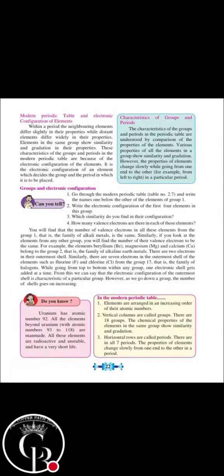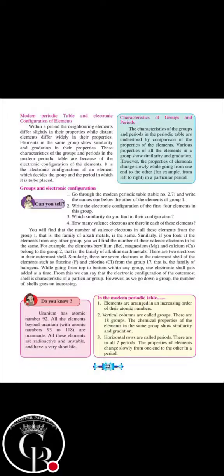Next, group and electronic configuration. The number of valency electrons in all the elements from group 1, for example the family of alkali metals, is the same.